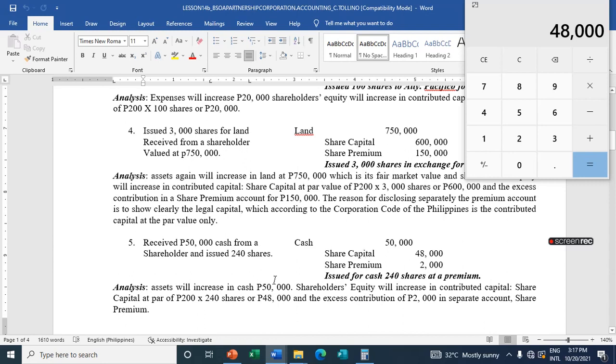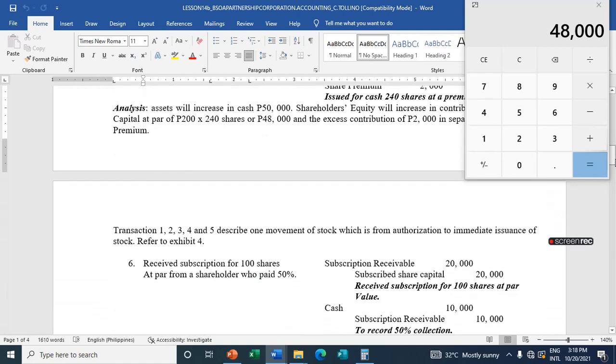Okay, analysis, assets will increase in cash, 50,000. Shareholders' equity will increase in contributed capital. So, share capital at 200 times 240 yung 48,000 and yung excess niya is 2,000 in the separate account which is the share premium. Okay?